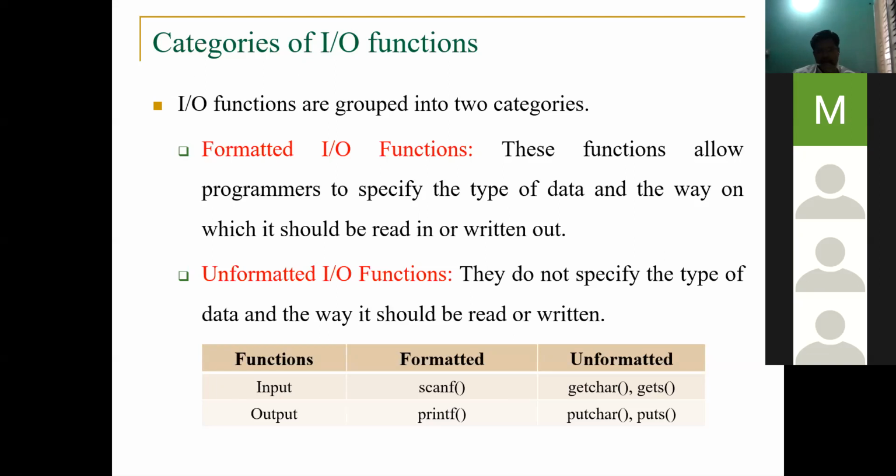Examples of formatted functions are scanf and printf, whereas unformatted functions are getchar, gets, which stands for get string, putchar, and puts.